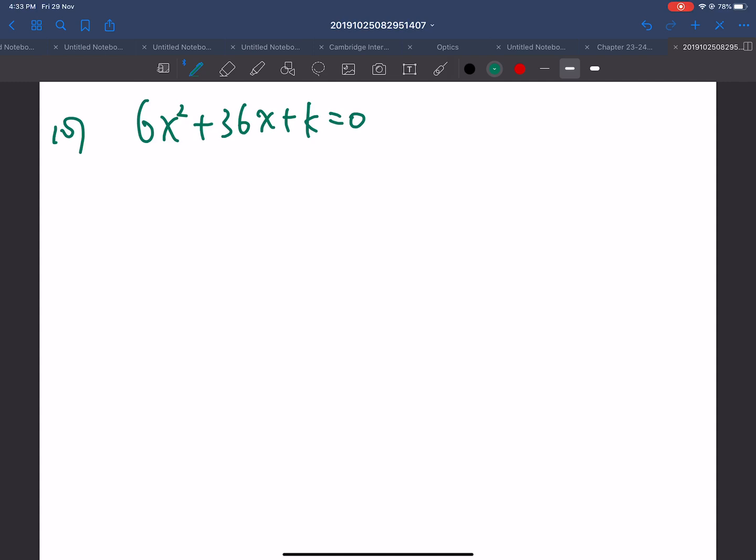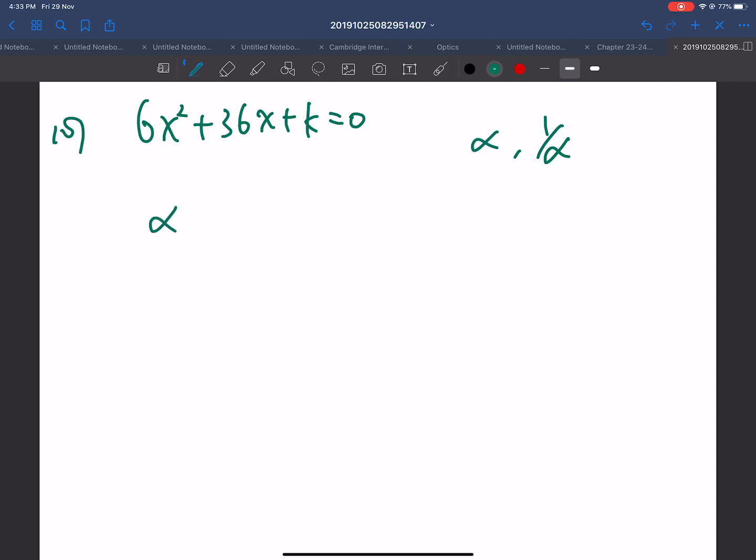Simple. That means if one of the roots is alpha, another one is the reciprocal, 1 over alpha. I gave you the hint already. So what you can do there is the sum of the roots.